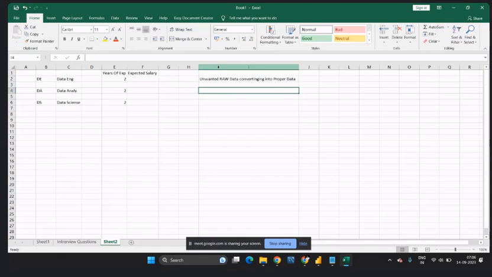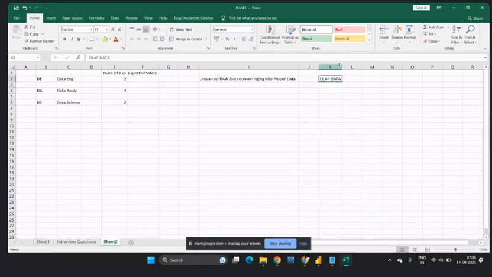Whatever the salesman enters as data, that is an online process. Okay, OLAP, what we have to call OLAP database. OLAP, online analytical process, we need to call.